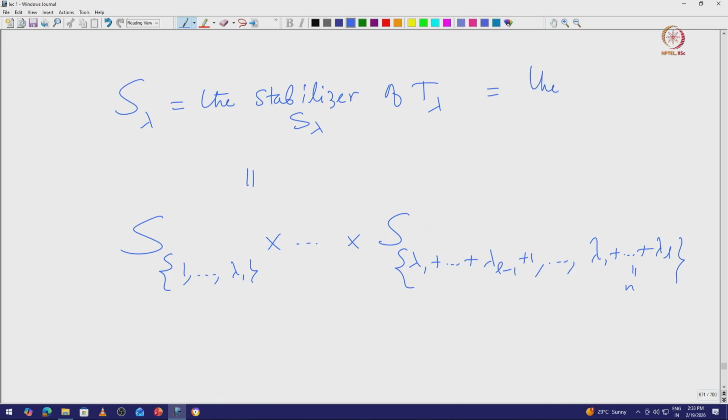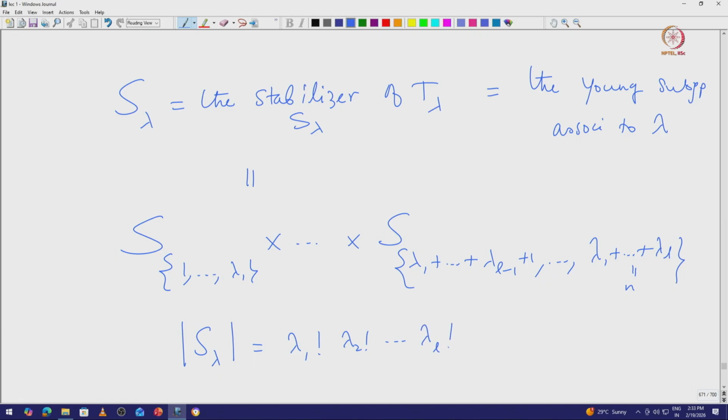So, this is called the Young subgroup corresponding to lambda. So, now it is very clear that the cardinality of this Young subgroup is nothing but given by lambda 1 factorial times lambda 2 factorial etcetera lambda L factorial.